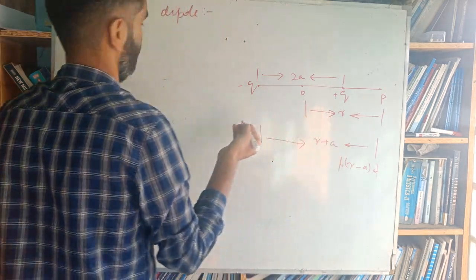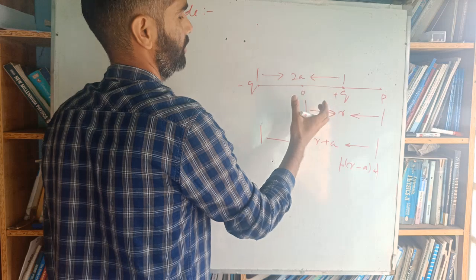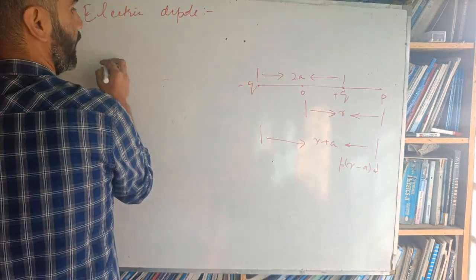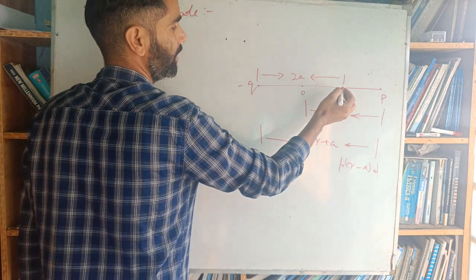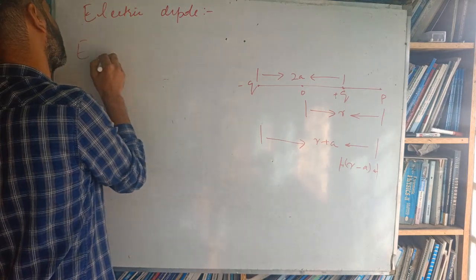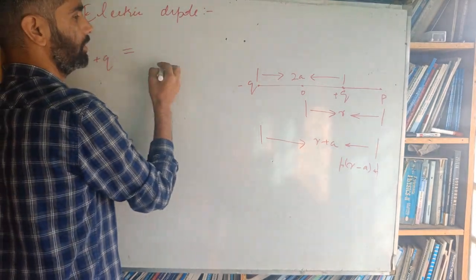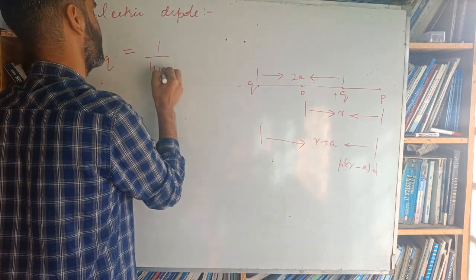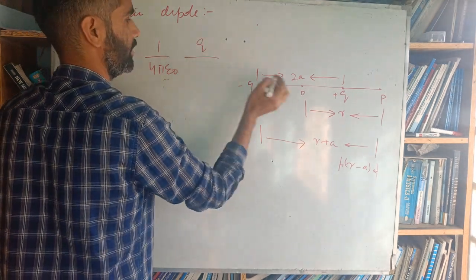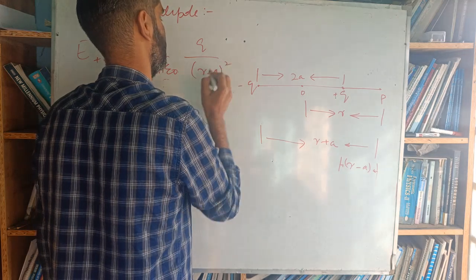Now it is easy. We will individually calculate the electric field intensity due to minus q and then due to plus q, and then add them to get the net electric field intensity. So due to the plus q charge, I will write E plus q, that is the electric field intensity due to plus q, equal to 1 over 4 pi epsilon naught q over r minus a whole square.